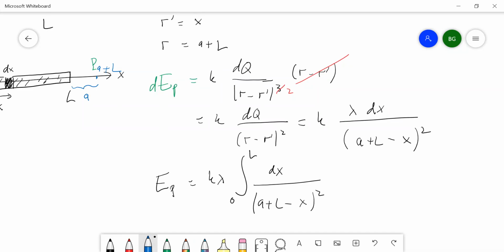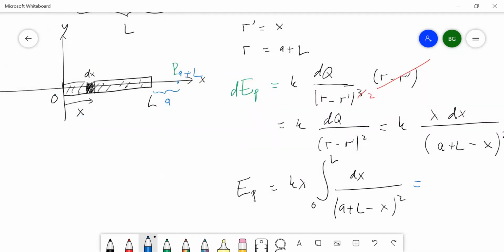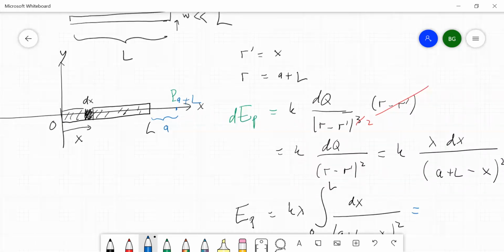Sir, so the upper and lower bounds of the integral will be the rod length? Yes, the rod, between 0 and L, because x here is the source coordinate, and for the source coordinate we only consider this rod between 0 and L. Okay, any question?